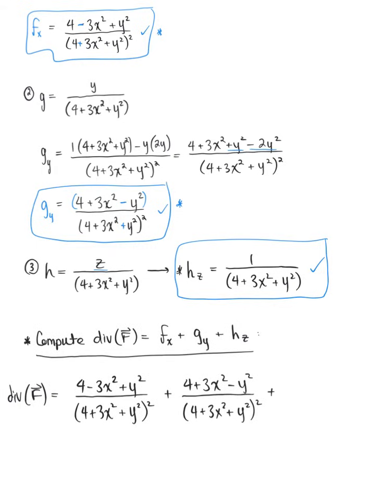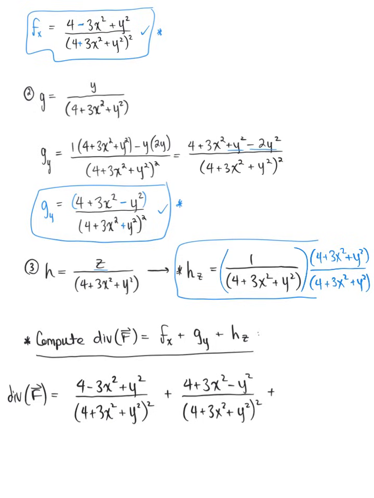And now last but not least, we want to add the partial derivative of h with respect to z. And what I'm going to do is get that common denominator here. So we can think about multiplying this partial derivative, the numerator and denominator, by 4 plus 3x squared plus y squared, so that this partial derivative will have the same denominator as the other two.